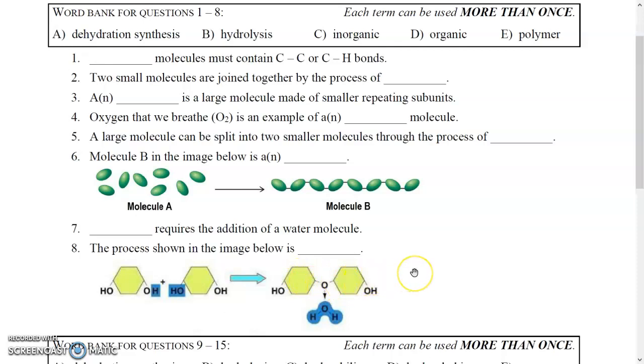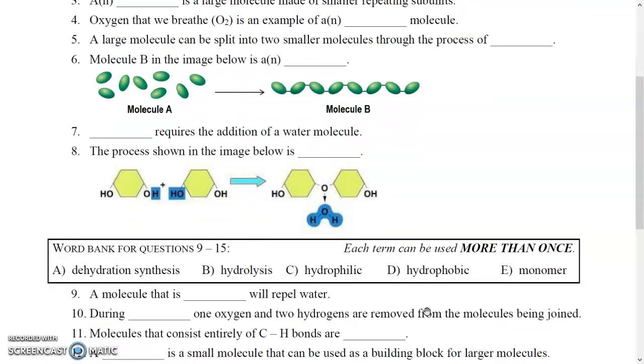So the removal of water and bonding of two small molecules is A, dehydration synthesis. So question 8 is an image that's showing you the process of dehydration synthesis. We are removing water, and we're taking two separate small molecules, joining them together to make one big one.